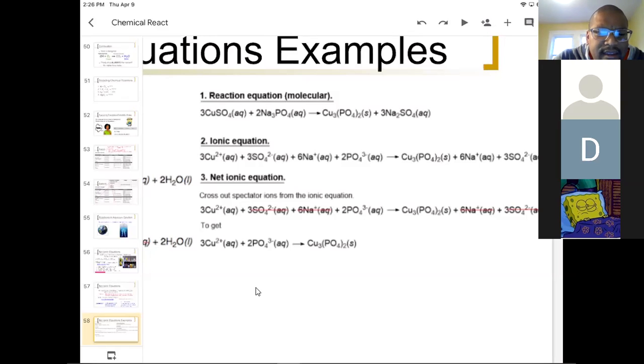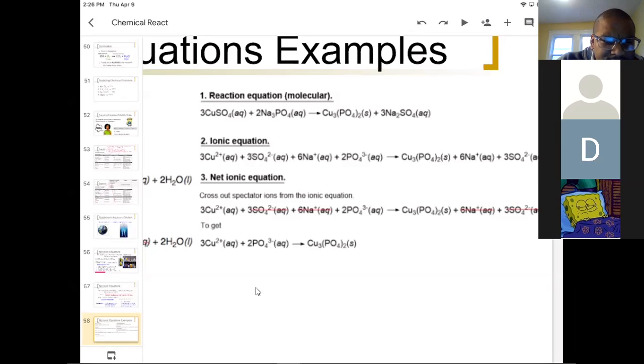Usually what it means is here we have copper 2 plus phosphate. What it means is that if I want to create this solid portion, I don't actually have to have copper sulfate, right? I can get copper anything. Does that make sense?